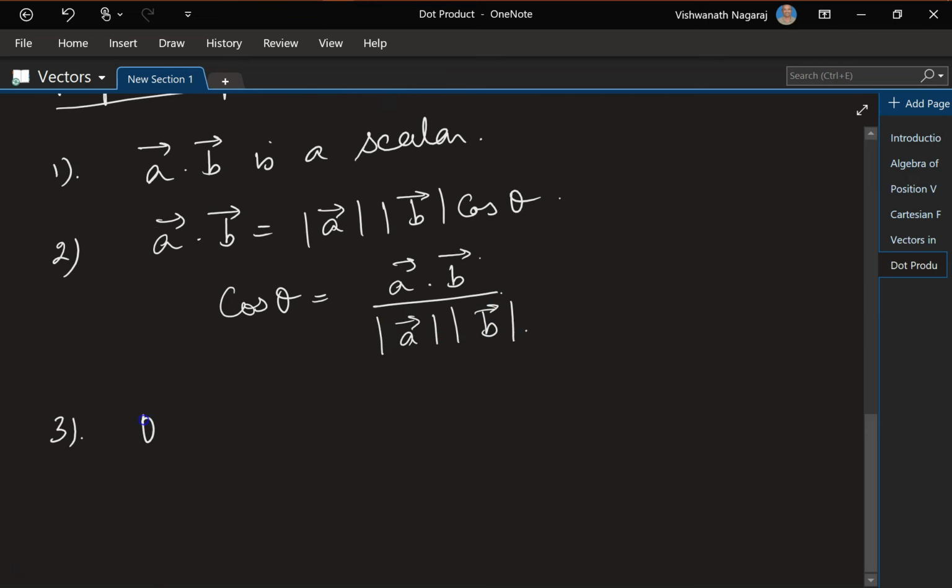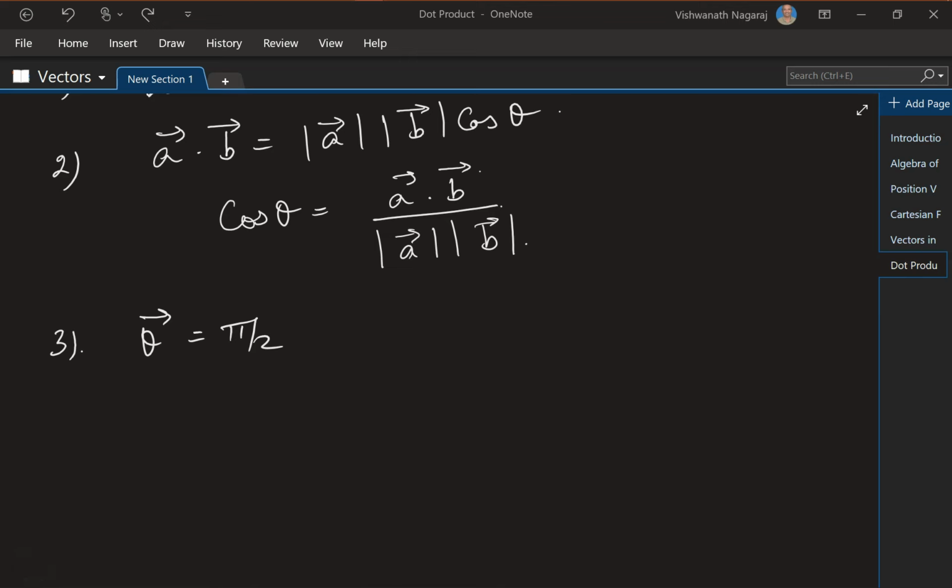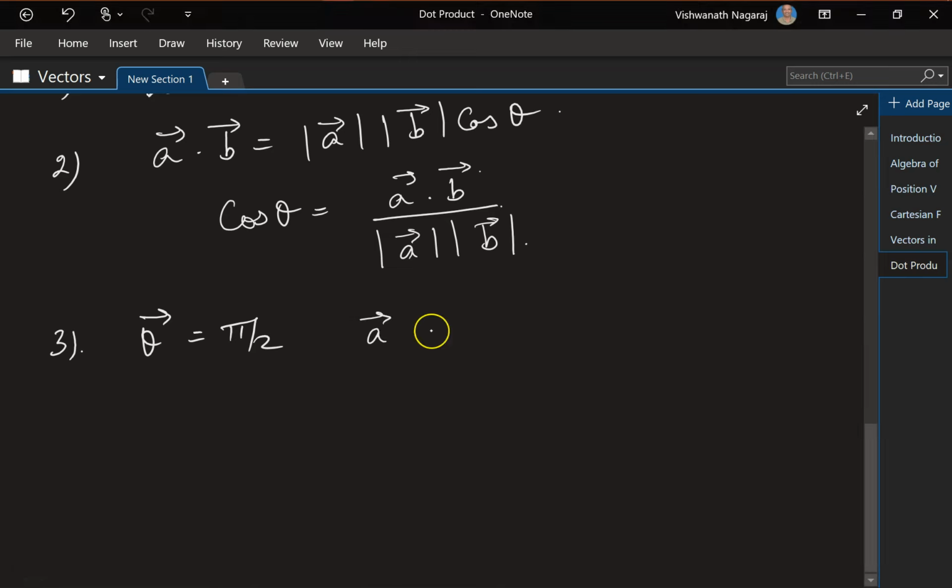Okay, if theta is equal to pi by 2, that is 90 degrees, that is perpendicular to each other, vector A is perpendicular to vector B. Cos theta equal to 0, we know that, which implies that the dot product is 0.